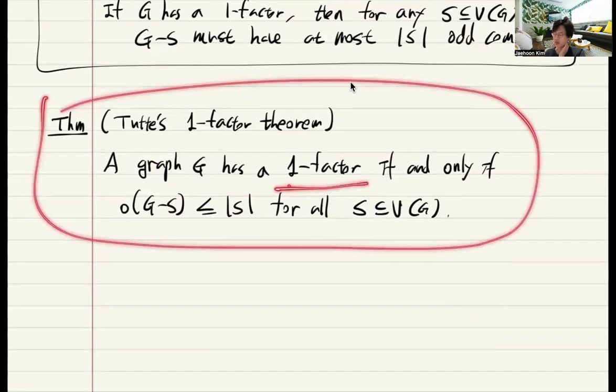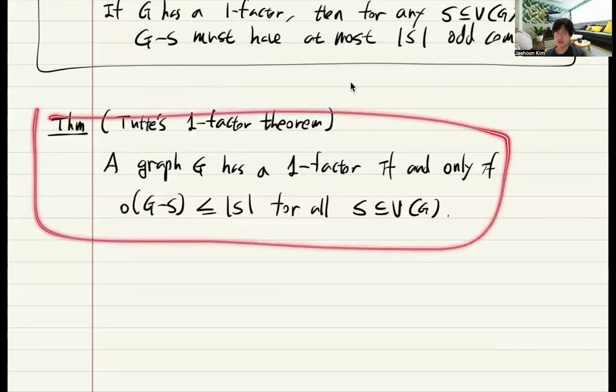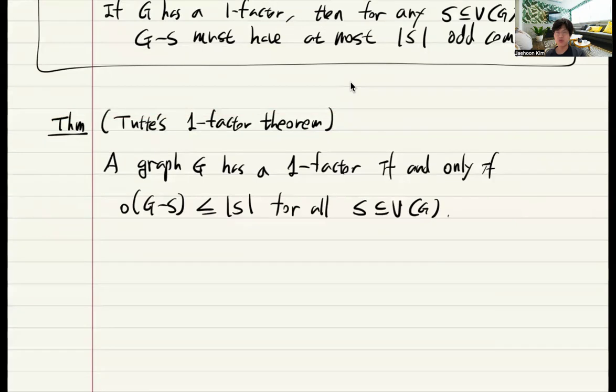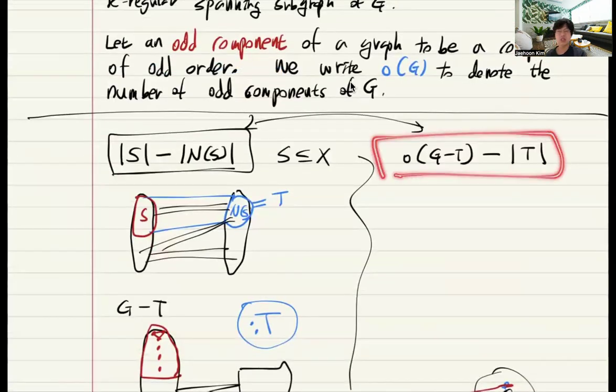We can find the formula for the matching number, which is a more general theorem, just like we did for Hall's theorem. We proved Hall's theorem and then found the formula for the matching number in bipartite graphs. We can do the same, and the key quantity is this.